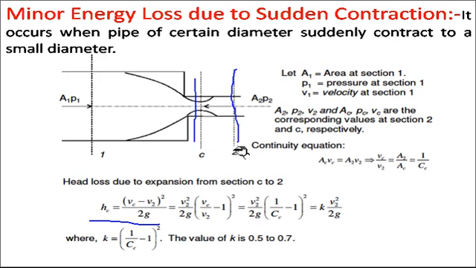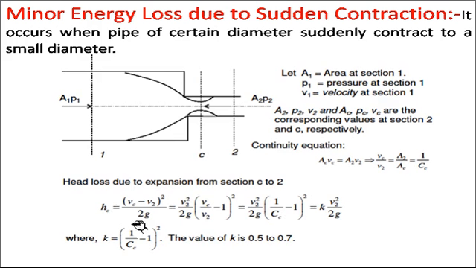If I make some mathematical simplification, we have the common term V2 square upon 2g, so the remaining equation will become Hc is equal to V2 square upon 2g into (Vc upon V2 minus 1) whole square.